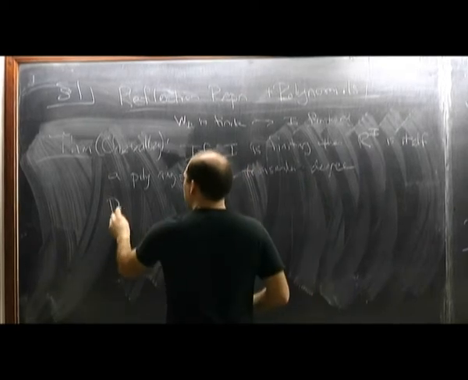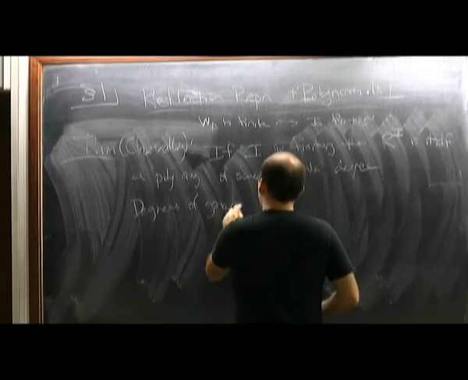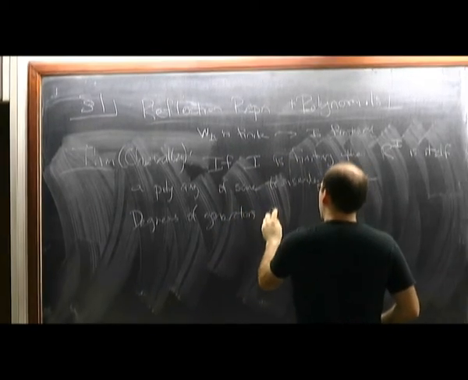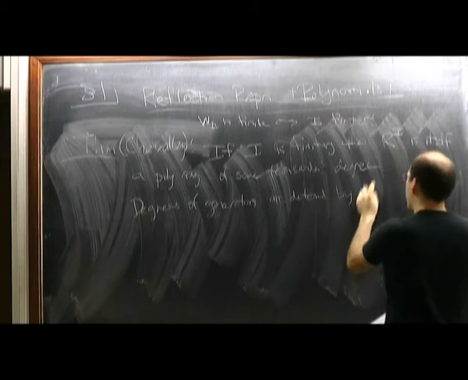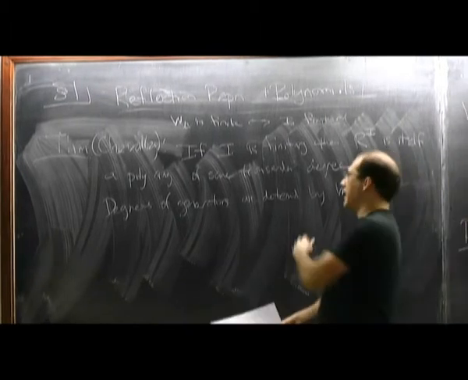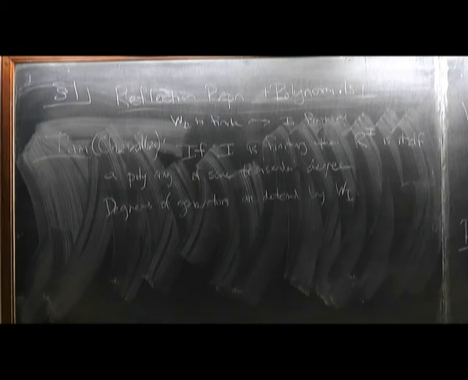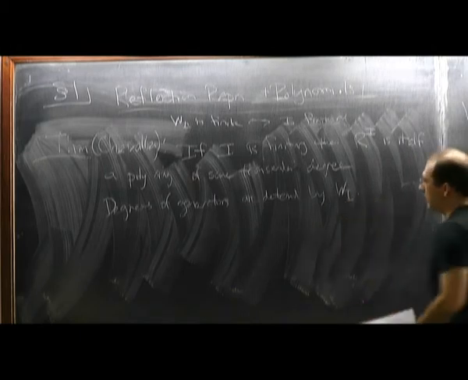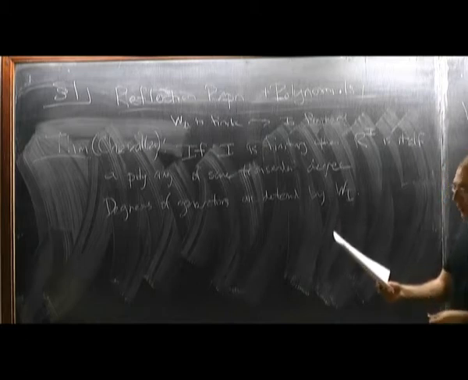The degrees of the generators are determined by Wi. In fact, there are many nice properties of these degrees. They add up to the number of roots, and the product is the size of Wi. So there are all these sort of beautiful things. You can find these in Humphreys, and some of it's in the exercise.